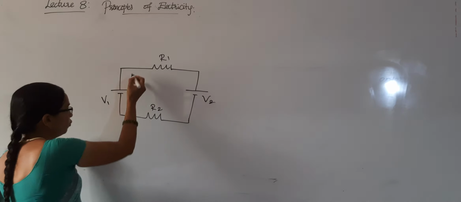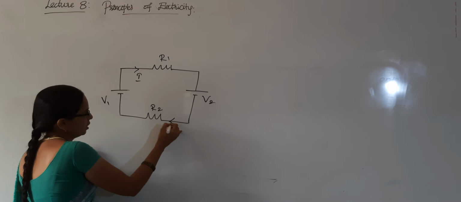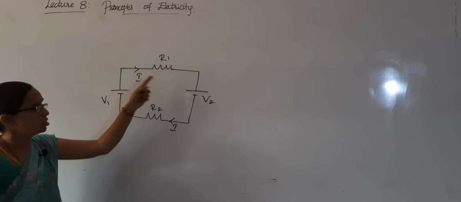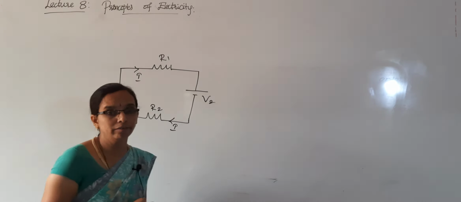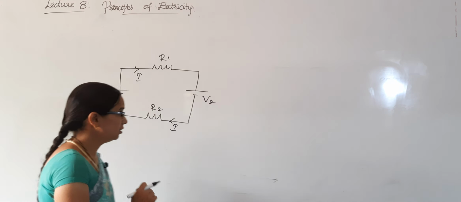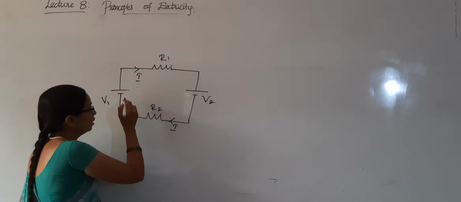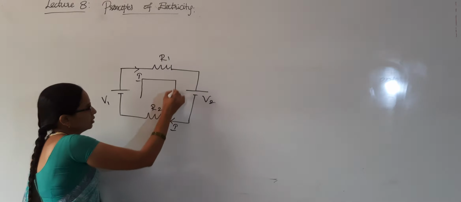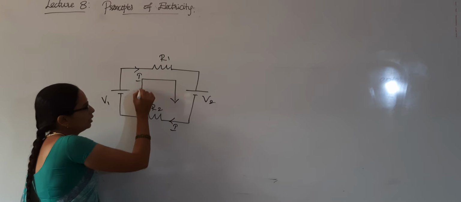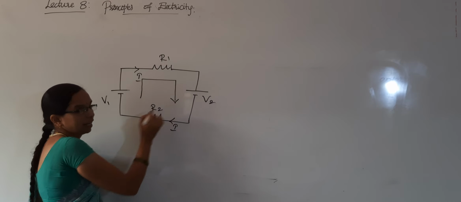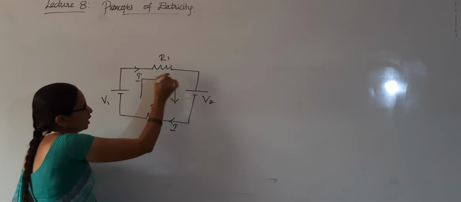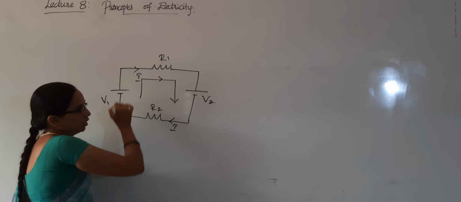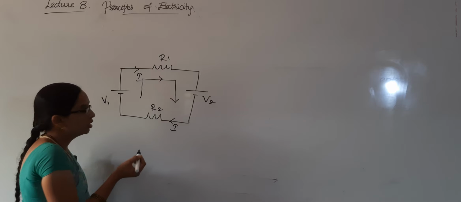The current will be flowing in this direction because this is a series circuit. The same current flows through all the components. See here in this circuit, the sign convention: this is a loop and this is my analyzing direction, the clockwise direction.